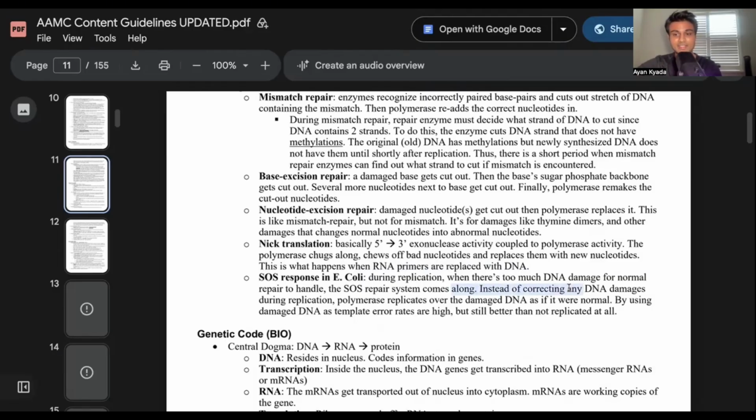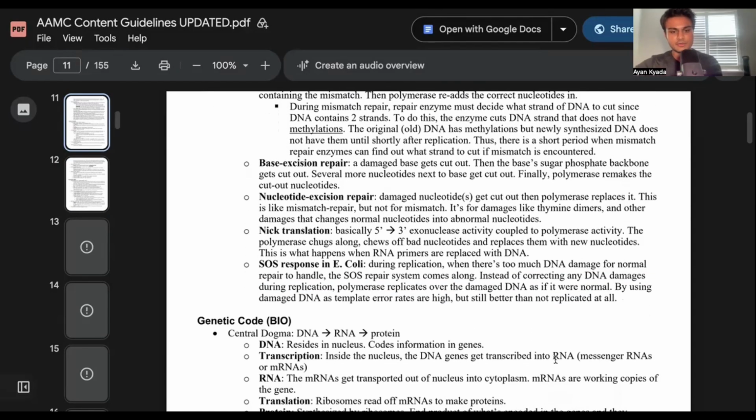So instead of correcting any DNA damages, polymerase just uses the damaged DNA as the template and replicates over it, because it essentially operates under the assumption that some DNA is better than no DNA at all. So even though the damaged DNA causes high error rates, some DNA is better than none at all. So it's really used in very emergency situations when you need DNA replication and proteins now.